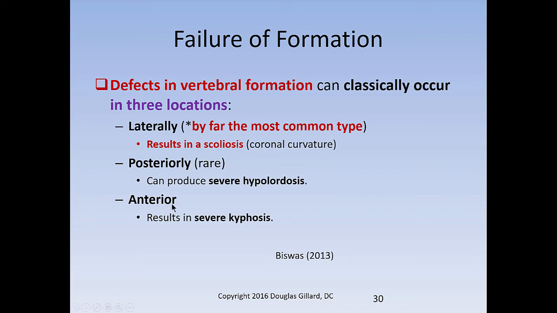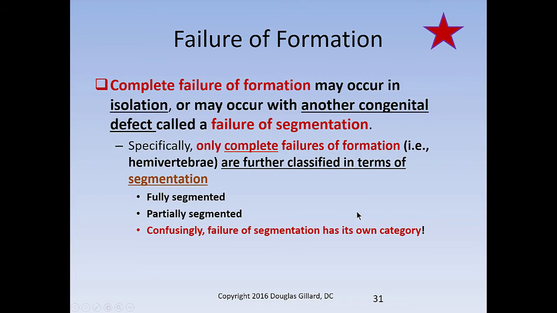If the entire vertebral body fails to form, you can imagine, and the posterior elements form, the facets and everything are there, you get a severe flexion deformity, which results in a severe kyphosis. Same on the posterior side. You get a severe hypolordosis if the facet joints don't form. So those are also in play, but kind of beyond the scope of this, I think. There's a nice paper on it if you want to read more about that.